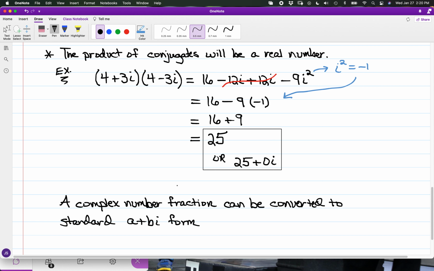And this type of conversion is possible by using the conjugate of the denominator.